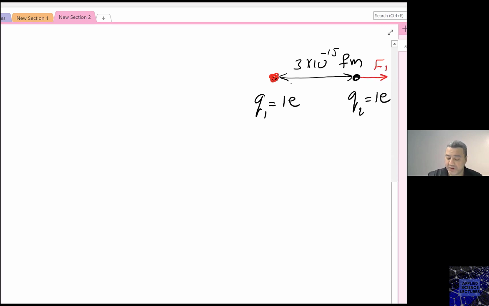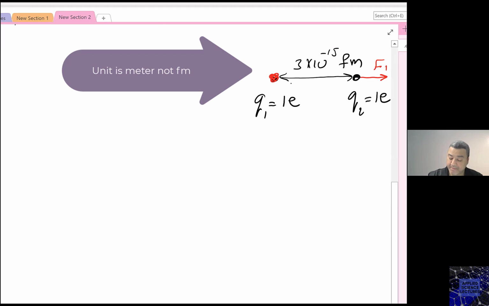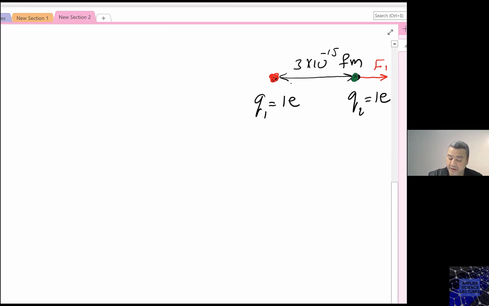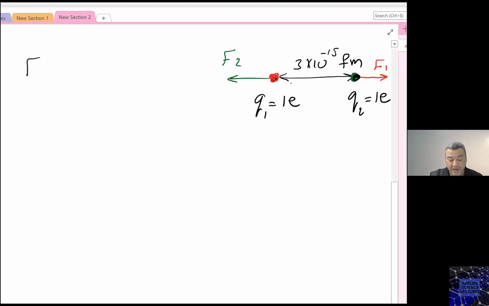So let me call this one F1, and let me call the other one F2. Don't forget that magnitude-wise, those two forces are equal.